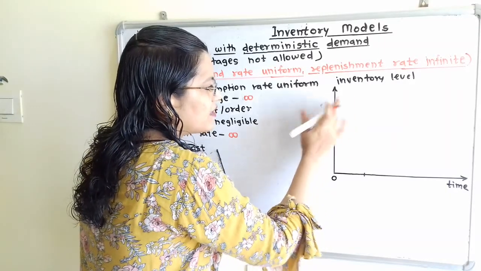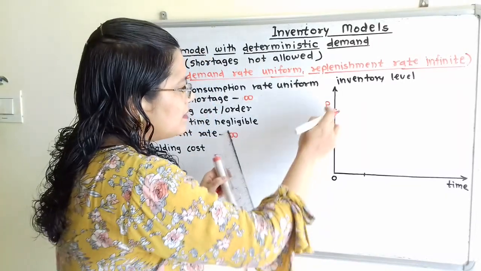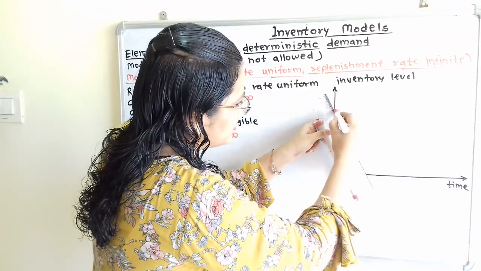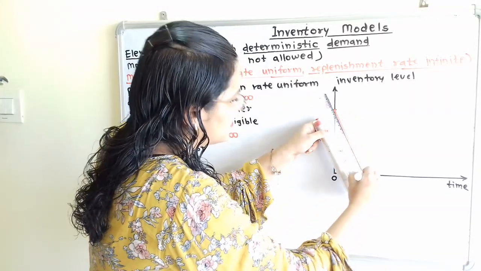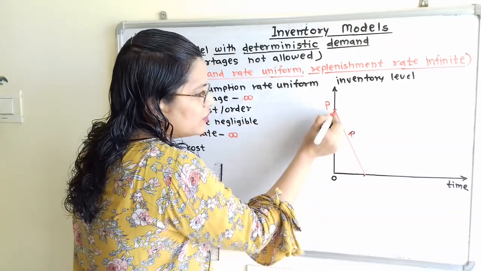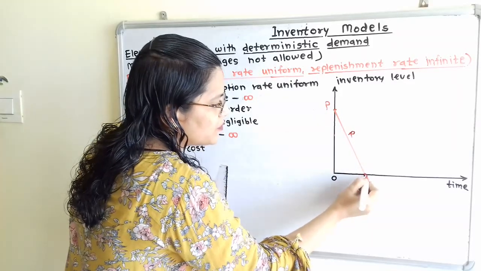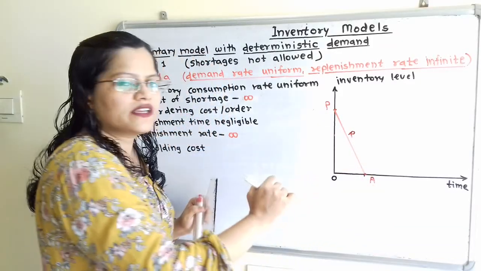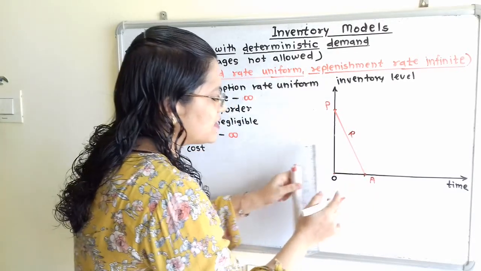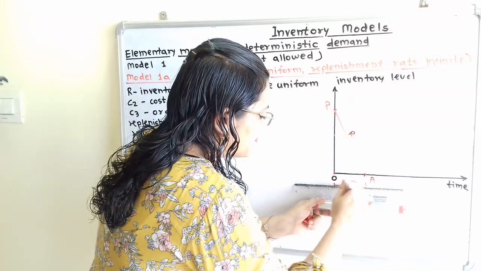We will consider this point as point P. Then consumption rate is uniform, so we draw a straight inclined line to show the consumption rate, and for the inventory consumption rate we consider R. This inventory is consumed up to this point, which we call A, and from the initial point to point A there is the time, which we consider as time period T.